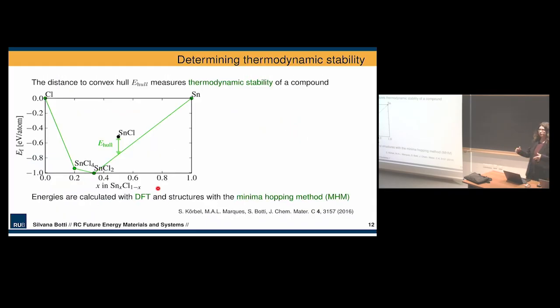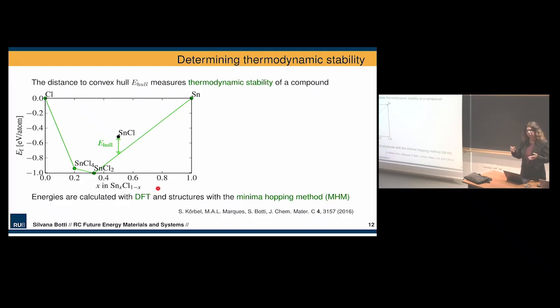Okay, so when we have different crystal structures, we put together some chemical elements and find the lowest energy crystalline configuration. Now this doesn't mean that this material is going to exist.